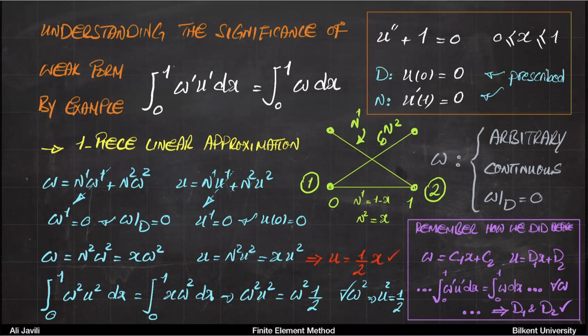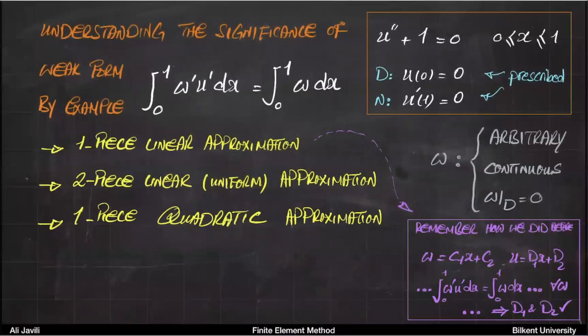So what I want to do next is now basically play that similar game that we did before, but I want to do it with a two-piece linear approximation, or two-piece linear uniform approximation. Remember, I said we want to do these three things. So we did the first one.